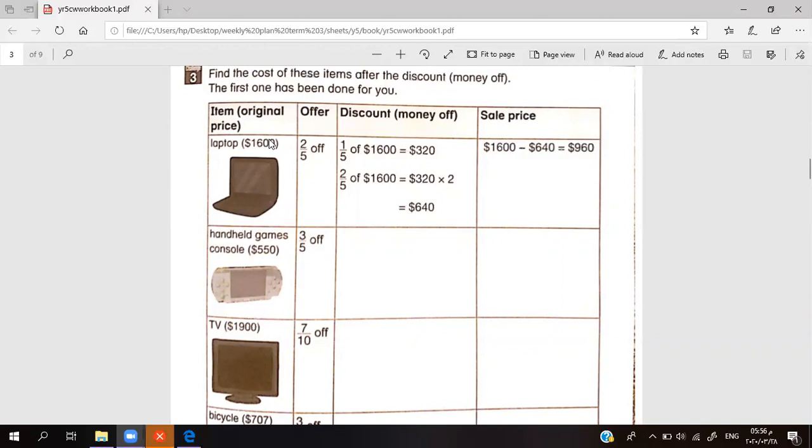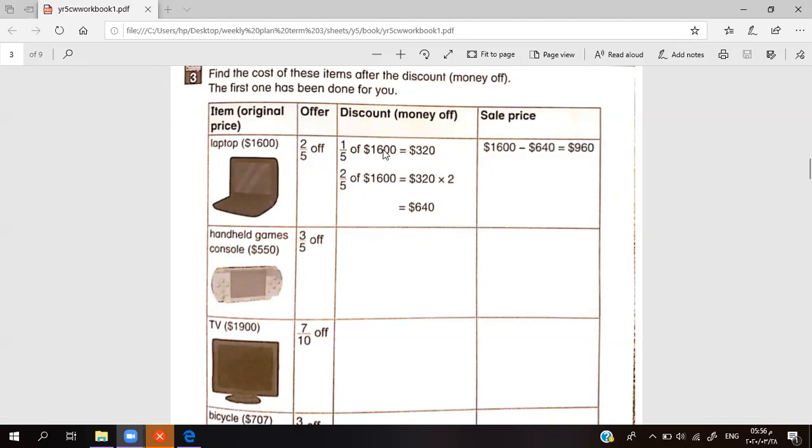As I told you, I don't get the 2/5 directly, I first get the 1/5. So I wrote 1/5 of 1,600. What times 5 gives me 16? 15 gives 3, so I wrote 3, and the difference between 15 and 16 is the 1 I wrote here.